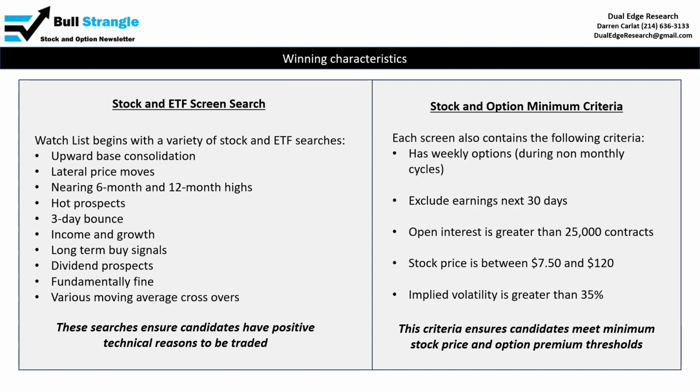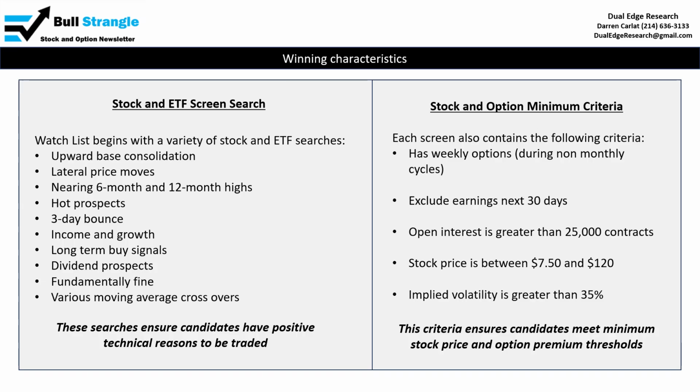We want our open interest to be greater than 25,000 contracts, and I'll go into detail as to why that's important. I do screen for stocks to be between $7.50 and $120. Now, I think earlier I said that 10 to 120 was the range. I do in the initial search start off at 7.50.